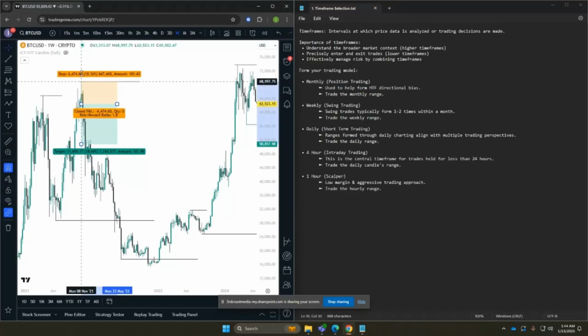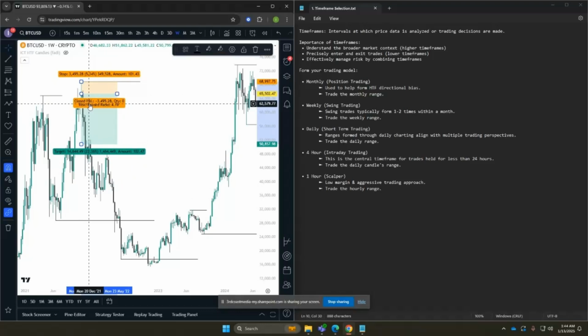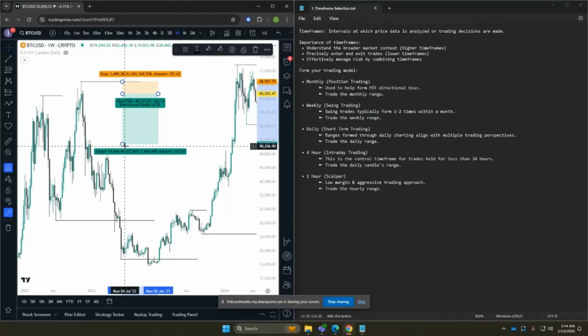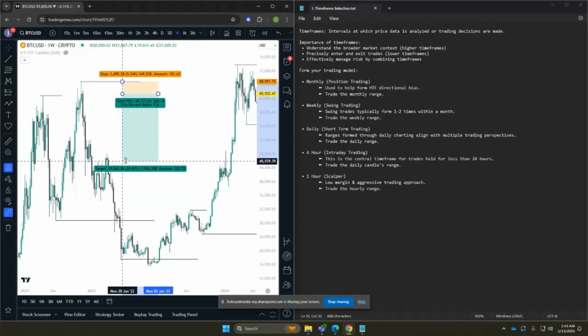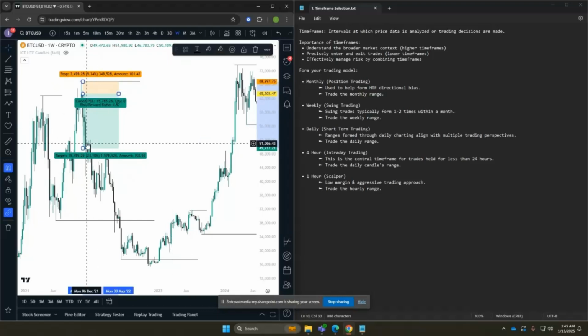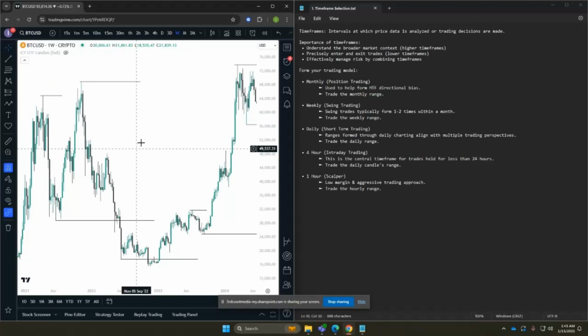Maybe we see, okay, we're outside of the range, so let's buy it. And then maybe we sell somewhere in the middle of the range. Let's just make up a spot and say here. If we did that, we would sell around this area here. And then you can see there's a few times per month where that happens.